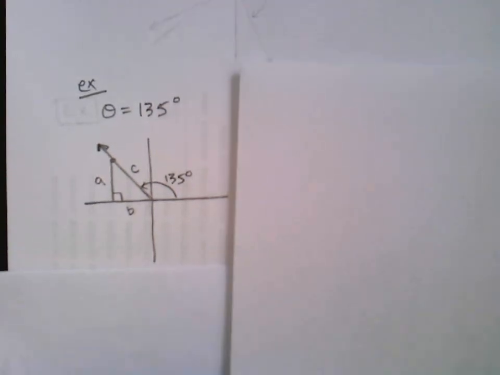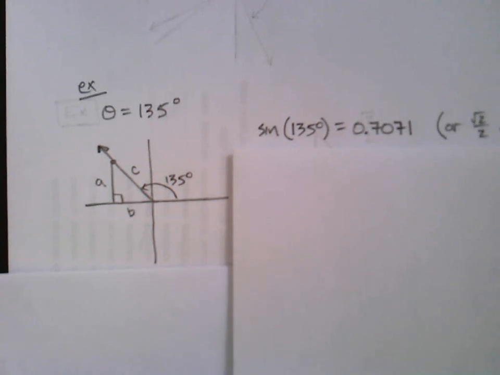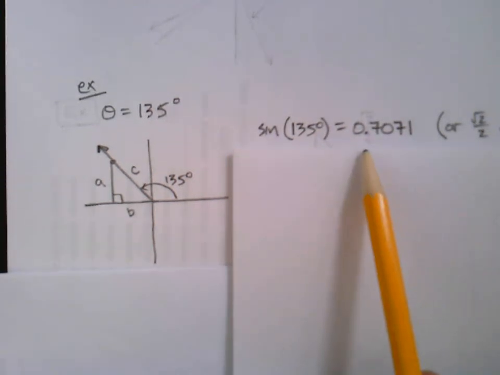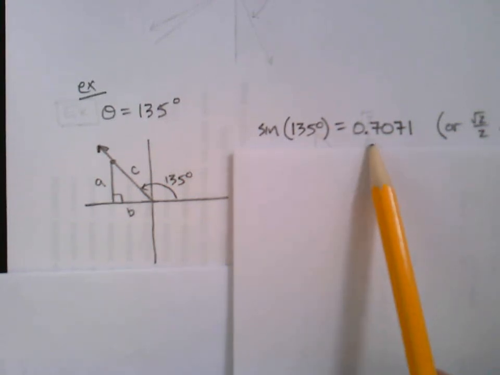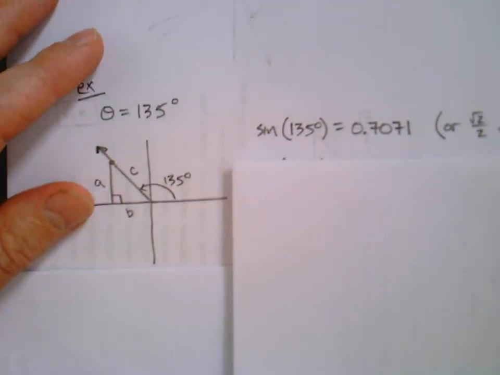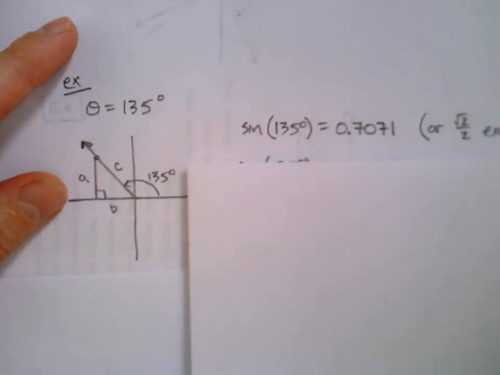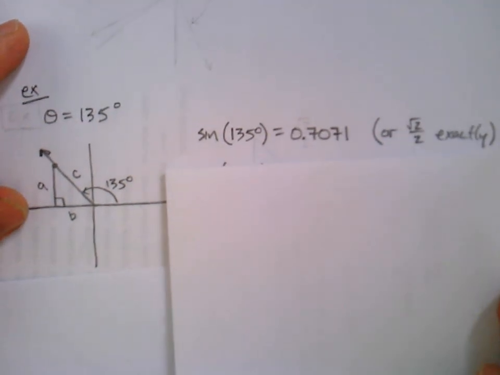So there I have the sine of 135 degrees. If I round it to 4 places, which is what your homework is going to do, 0.7071. Or to be exact, it's the square root of 2 over 2.